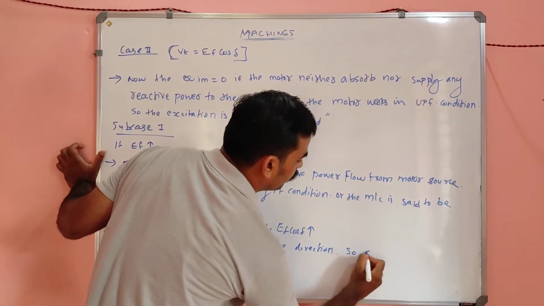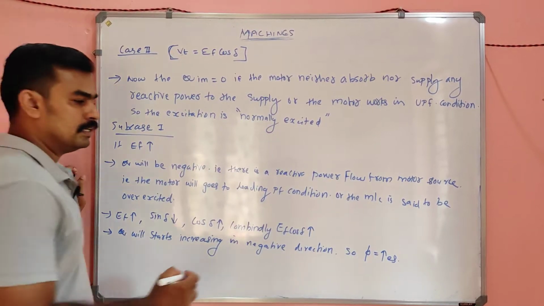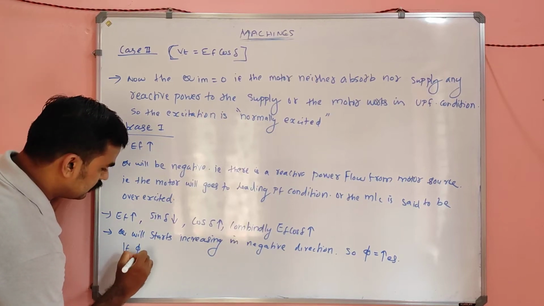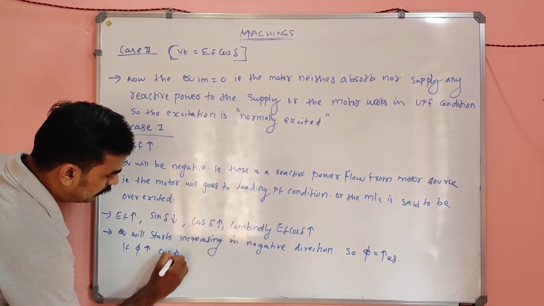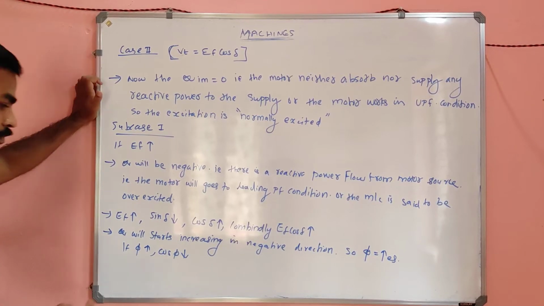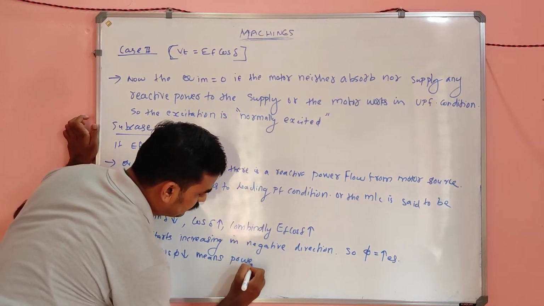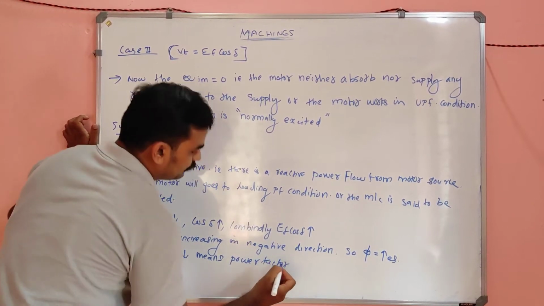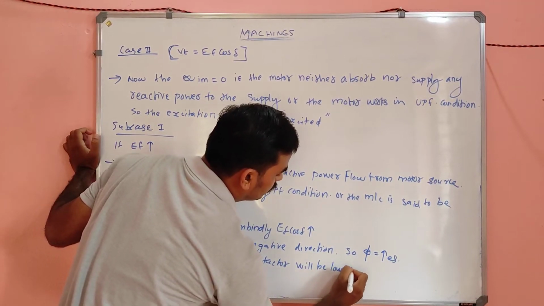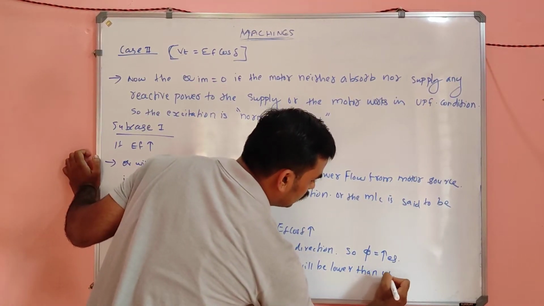So phi will increase. If phi increases, cos phi decreases. If cos phi decreases, the power factor will be lower than UPF.